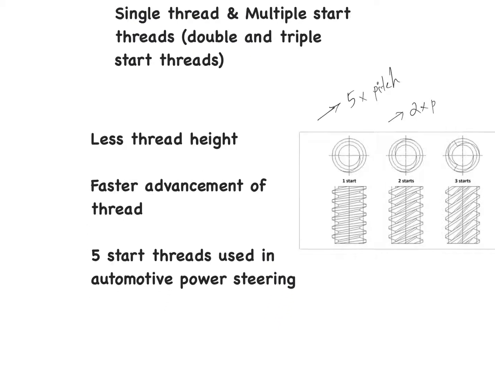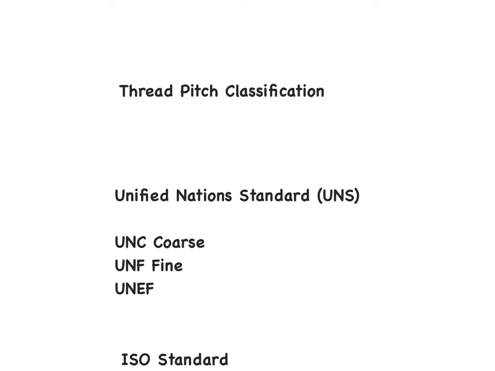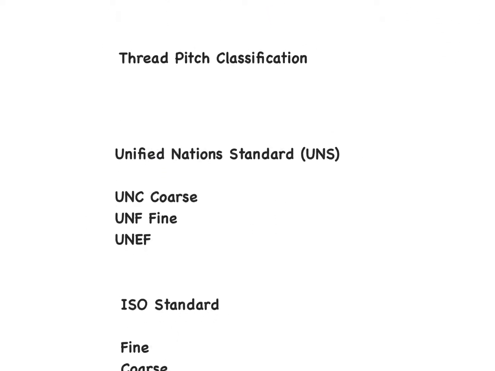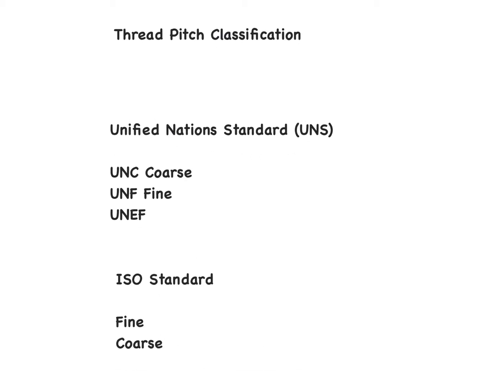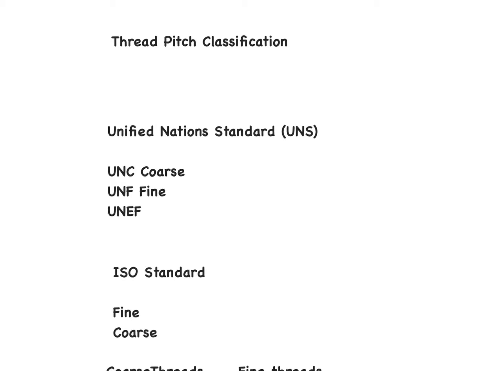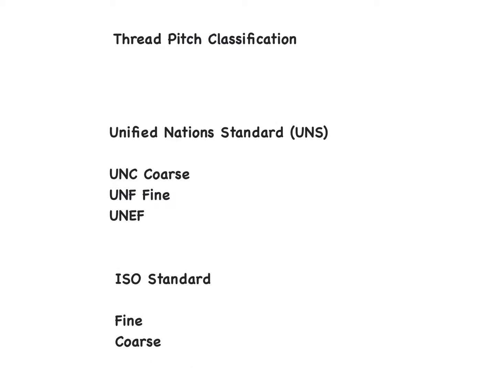Okay, so now moving ahead. Depending upon the pitch also there are thread series classifications that I want to just tell you. In Unified National Standards, or UNS standards, we have three classifications.